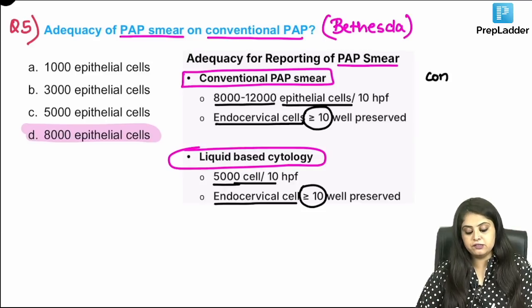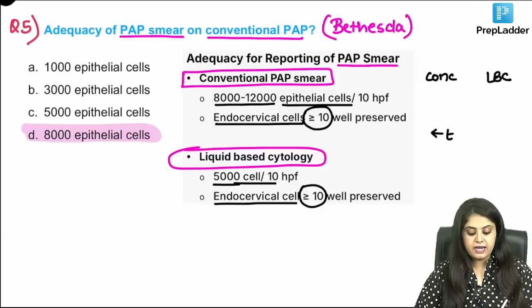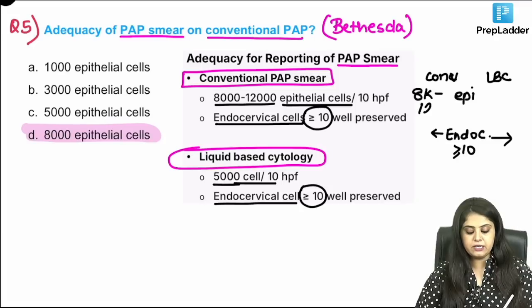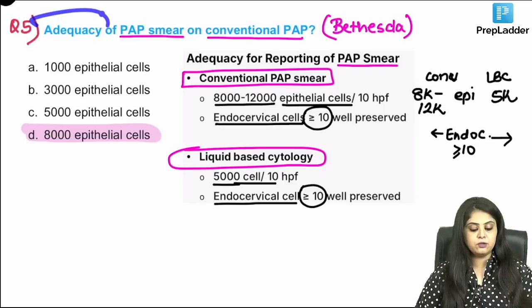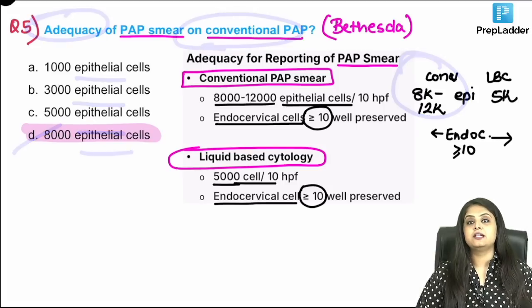So if I had to give a very short, concise yellow slip that we used to stick in our notes, for both of them, the endocervical cells have to be at least 10. But the epithelial cells for conventional pap is going to be 8K to 12K, and for liquid-based cytology, at least 5K. They asked you the adequacy criteria of epithelial cells for conventional pap. My answer is 8K to 12K.